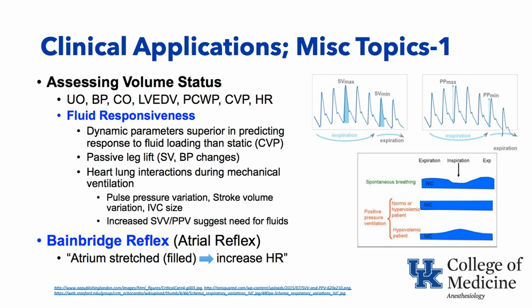You can see that during inspiration there's an initial increase in volume followed by a decrease. The wider these changes with respiration, the bigger the stroke volume variation and pulse pressure variation, suggesting that the patient needs fluids.